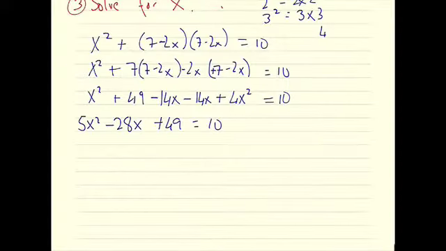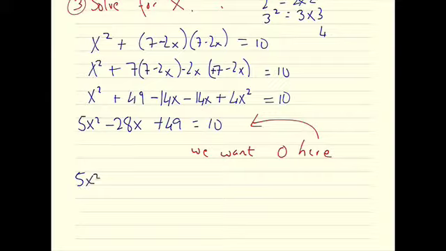Right. So if you want to make a note, we want 0 here. So it's 5x squared minus 28x plus 49.